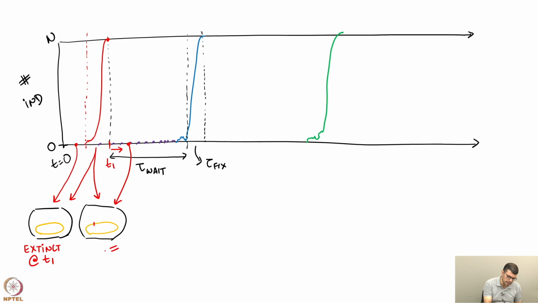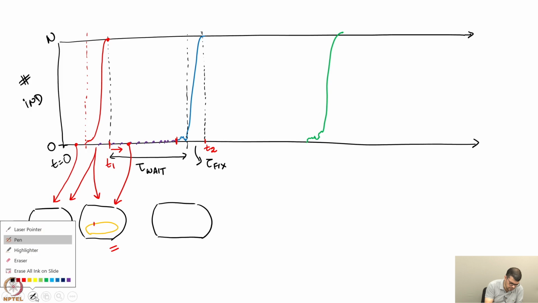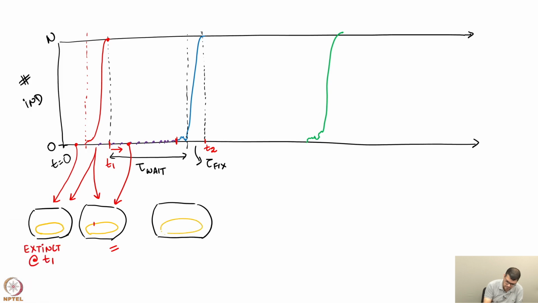Any change that happens after the red mutation reaches fixation is going to take place in this background now and not the ancestral background. From T1 to this time, it is only this genotype which exists. From here to, let us call this T2, the genotype that exists in the population is the red one, obviously everybody was carrying it, but now another blue mutation has happened.